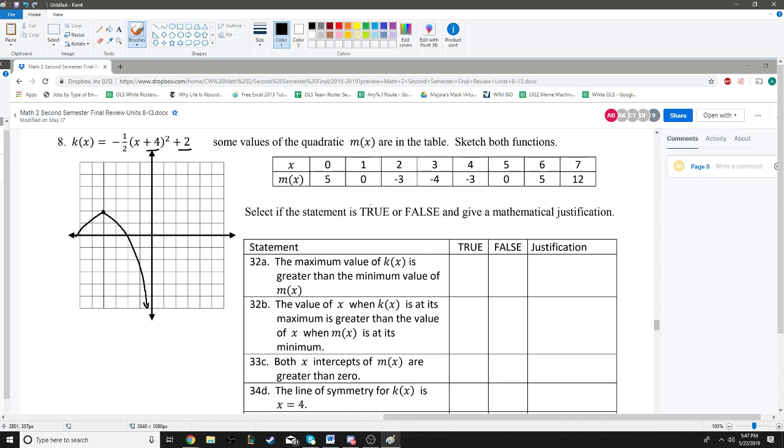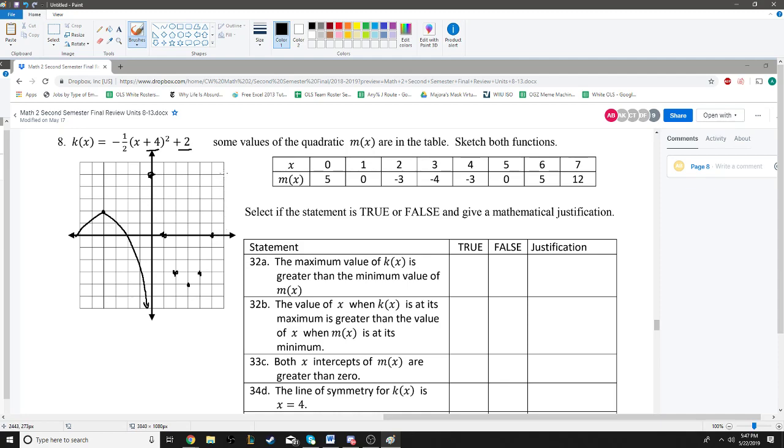And then the other function says (1, 0), (2, -1), (3, -4), (4, -3), (5, 0), (6, 1).